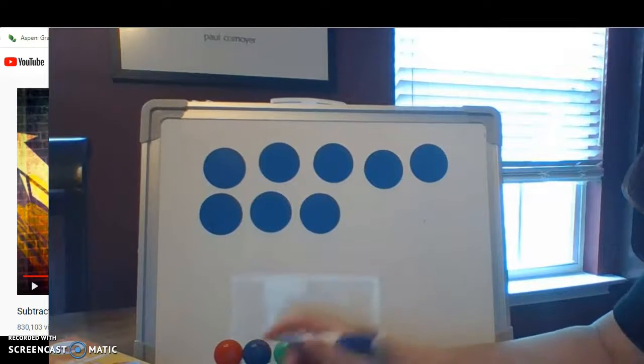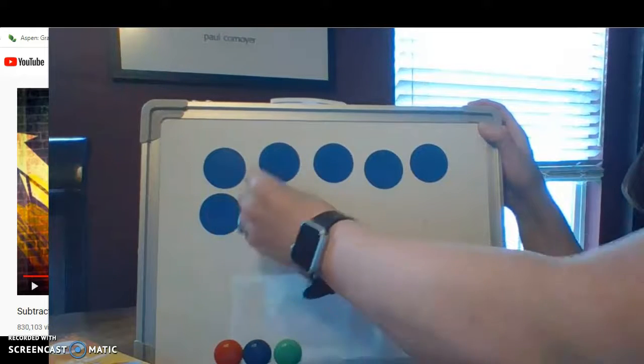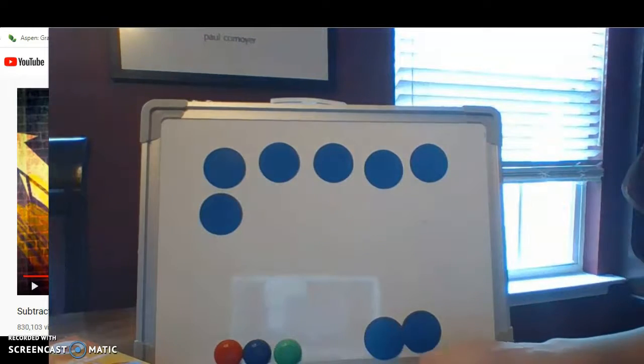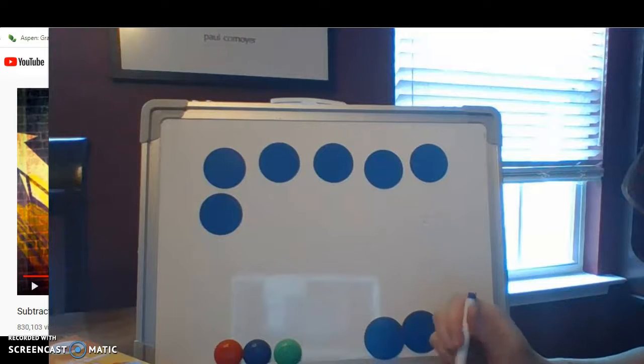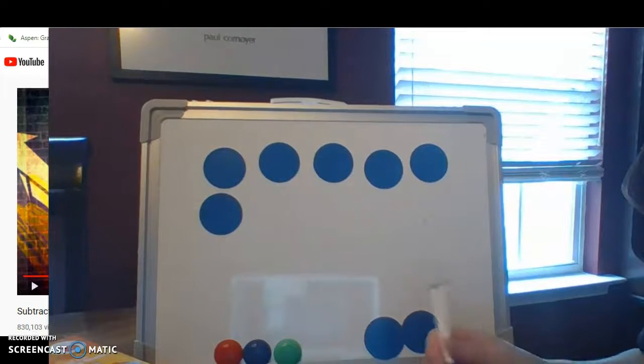That's how I see it. She gave 2 away. Move them down here. She gave them away to Christian. So she had 8, gave 2 to Christian. How many does Princess have left?